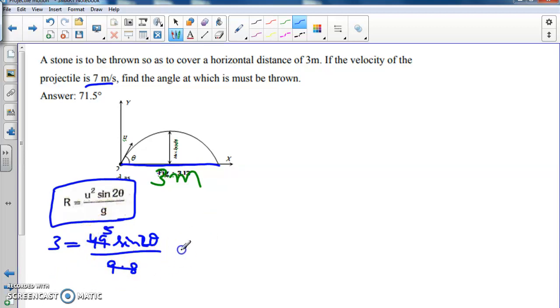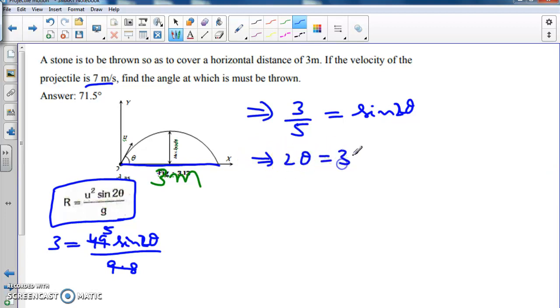This implies 3 upon 5 is equal to sin 2 theta, and sine of 37 degrees is 3 upon 5. Therefore we have 2 theta is equal to 37 degrees or 180 minus 37 degrees, because sine of 180 minus theta is also sin theta.